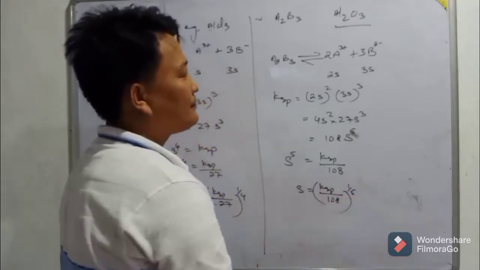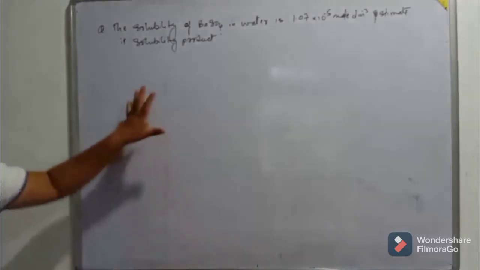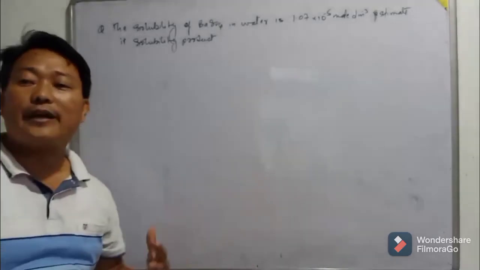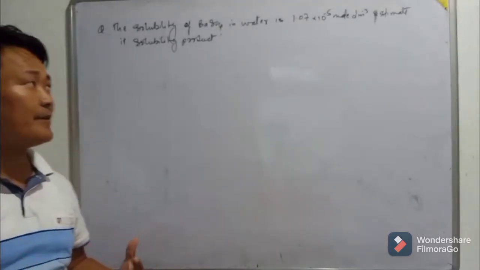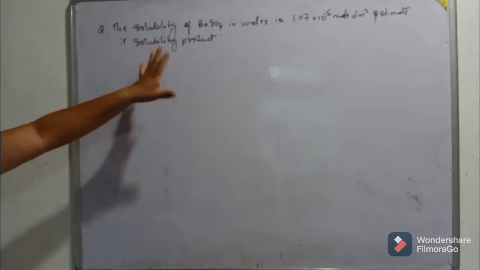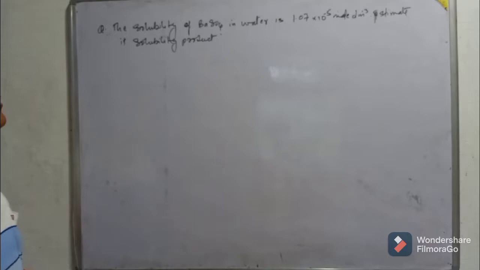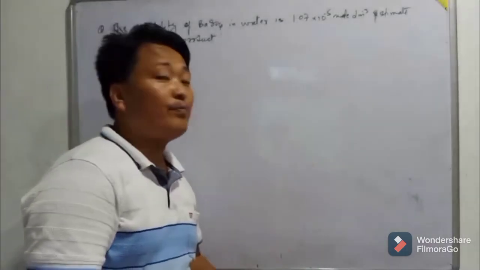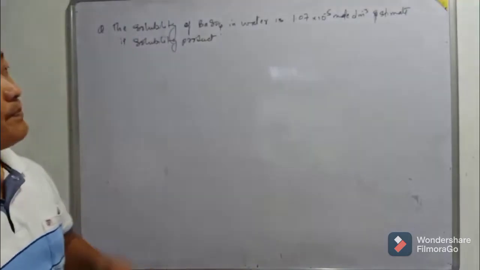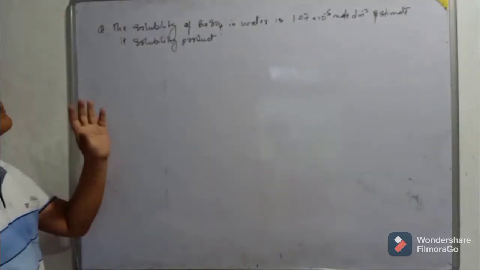1 by 5. We have seen KSP in various types, now how to find the KSP. For example, we'll take one question. The solubility of barium sulfate in water is 1.07 into 10 to the power minus 5 mole per dm cube. Estimate its solubility product.